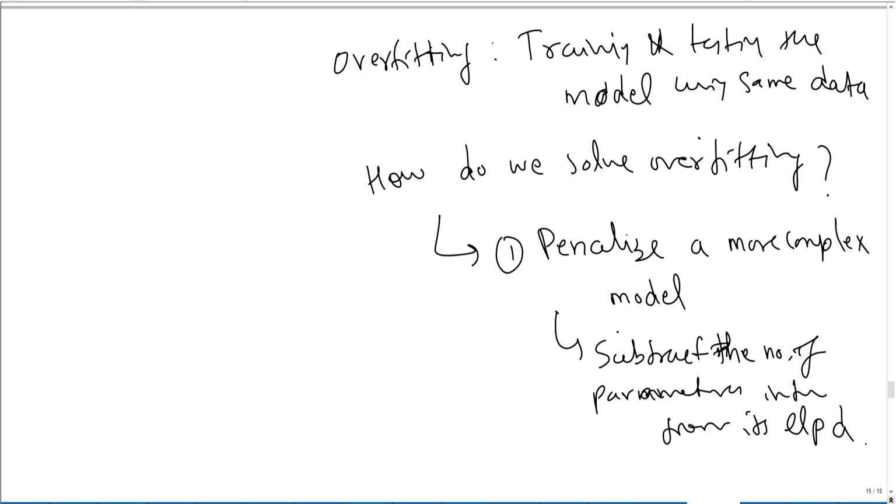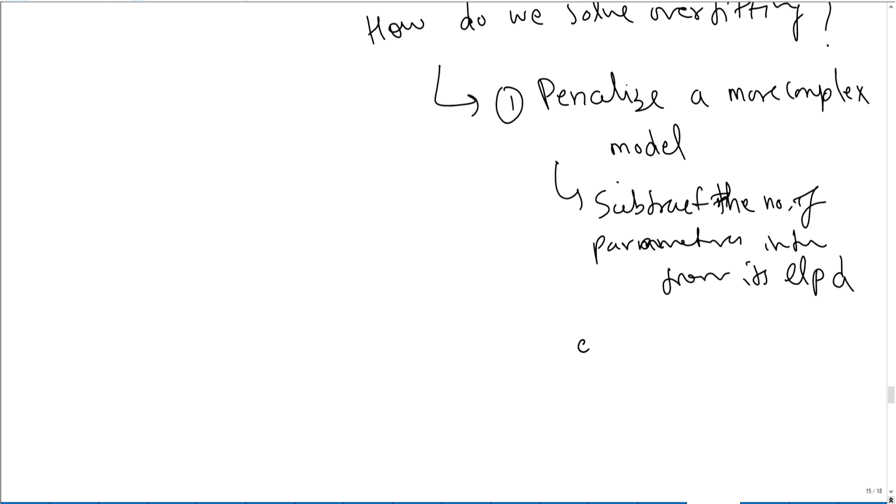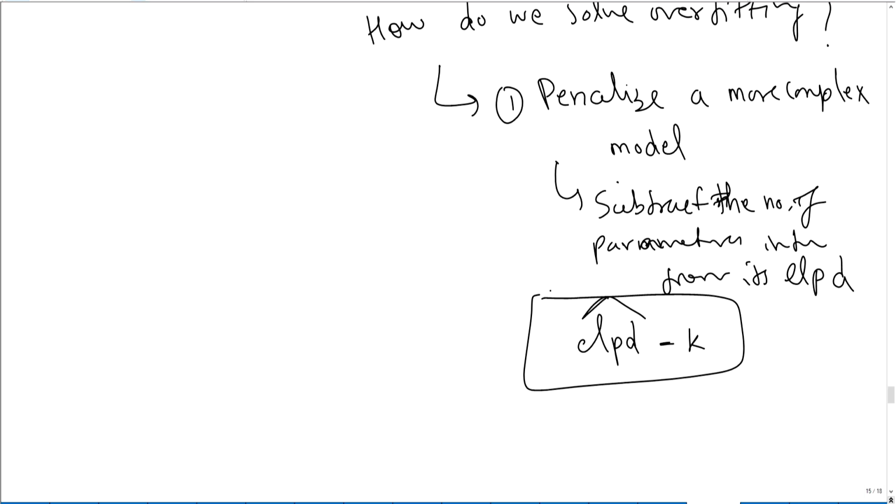So, we will calculate ELPD using the same data as training data and test data, and then we will subtract the number of parameters in the model from this ELPD. So, we are penalizing the ELPD of the model for its complexity, or the number of parameters, right. The measure looks something like this: an estimate of ELPD minus K, where K is the number of parameters in the model.